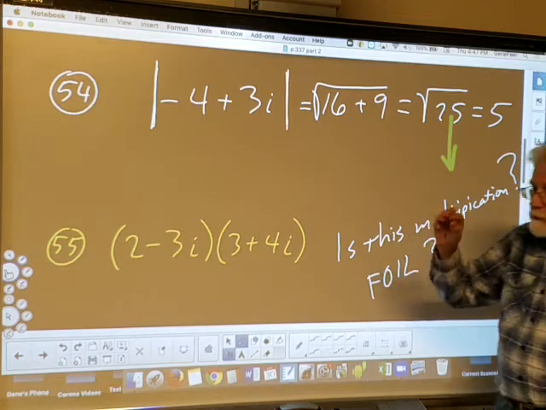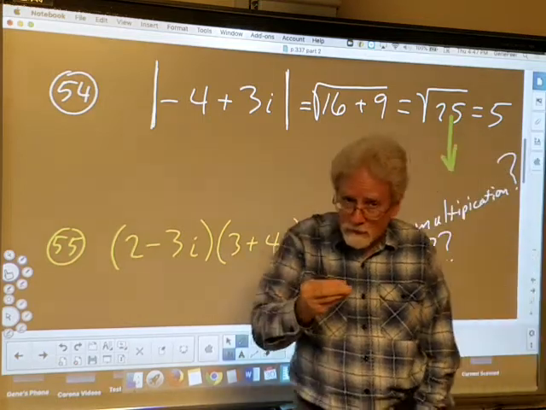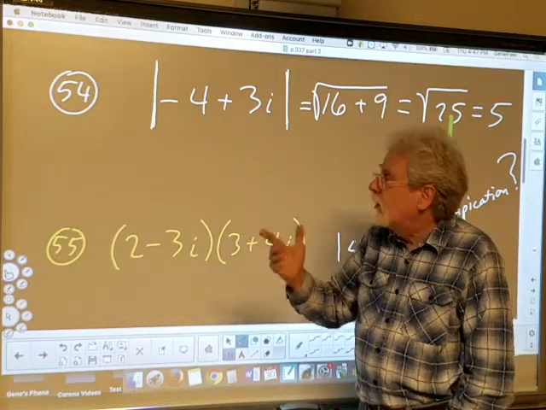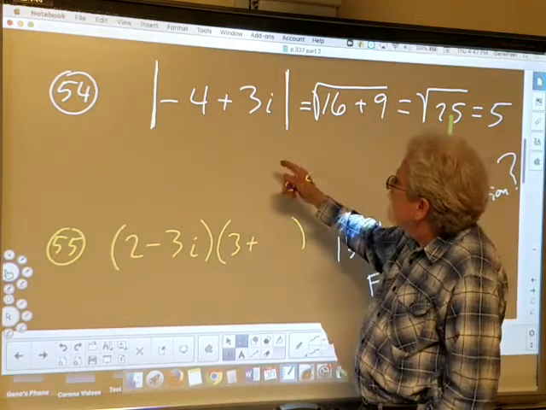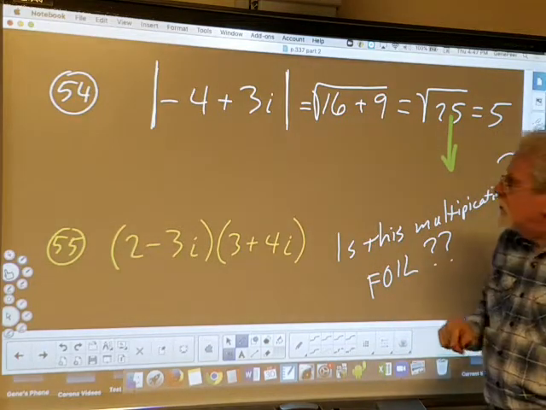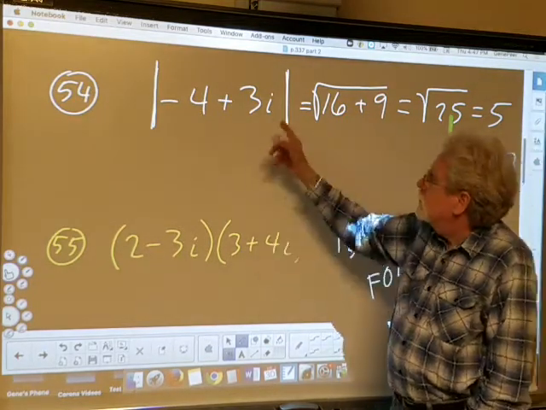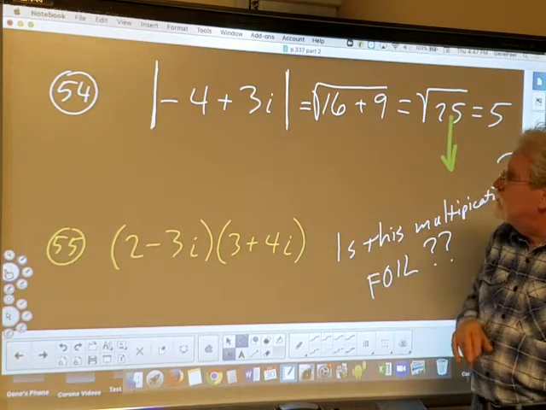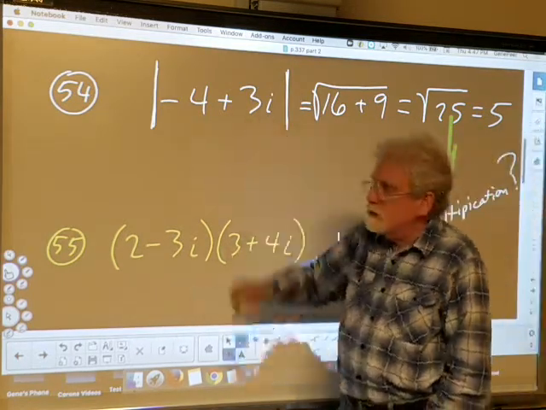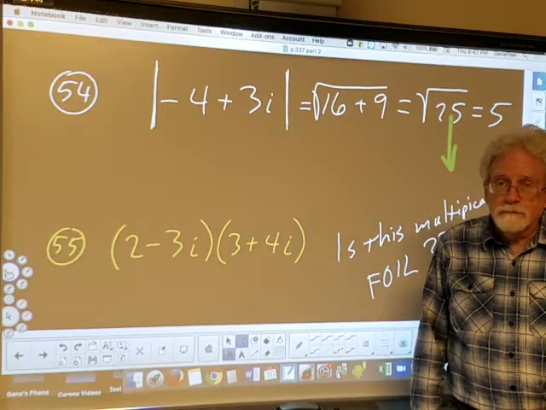Now, if you happen to have a really good intuitive understanding of what's going on here, if you were to graph this, you might say to yourself, isn't that just going to be a 3, 4, 5 triangle? Yes, it is. If you happen to notice that, then you can get this one right without even having to do the work. Because you see a 3 and a 4, you know the hypotenuse has to be 5.